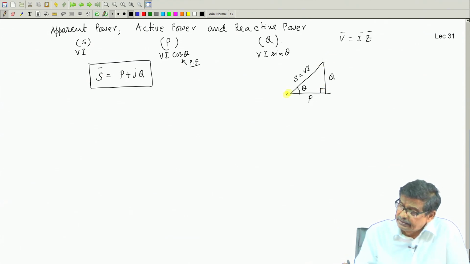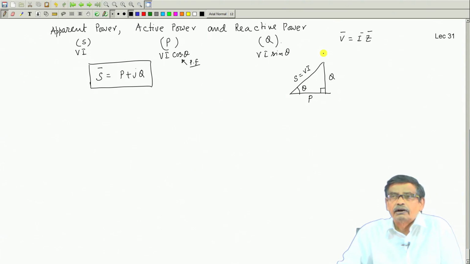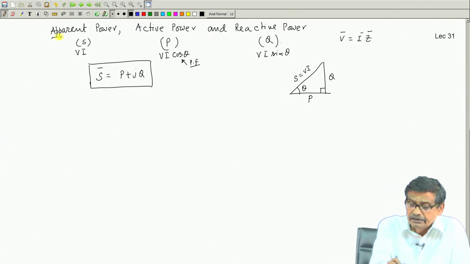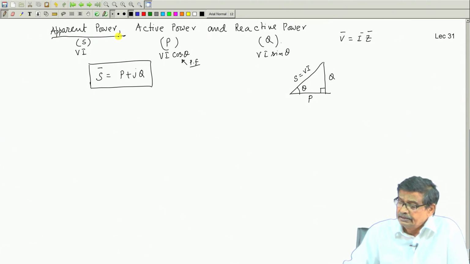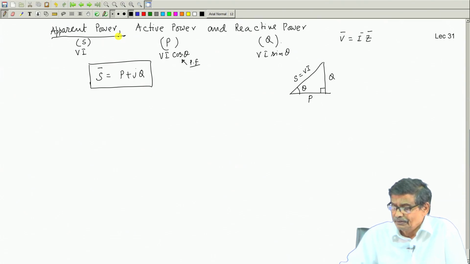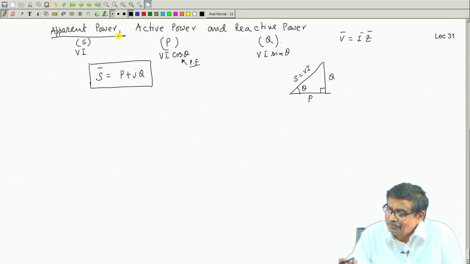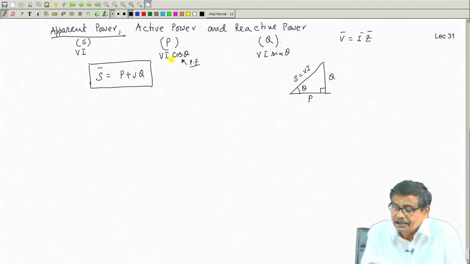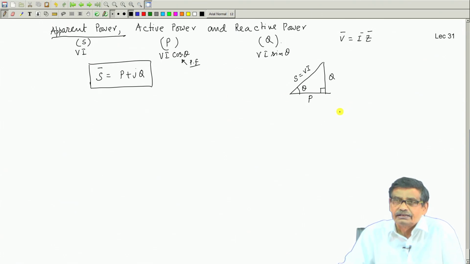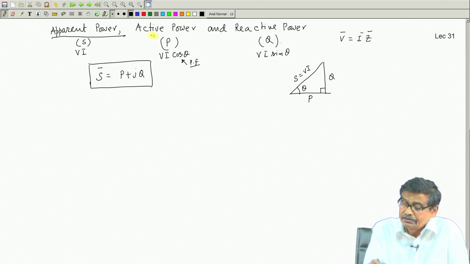And why is this S, the product of voltage and current, called apparent power? It is simply because this power looks like the power of the circuit, but out of this only a portion, V I cos theta, is being utilized by the circuit. That is why it is called active or real power.